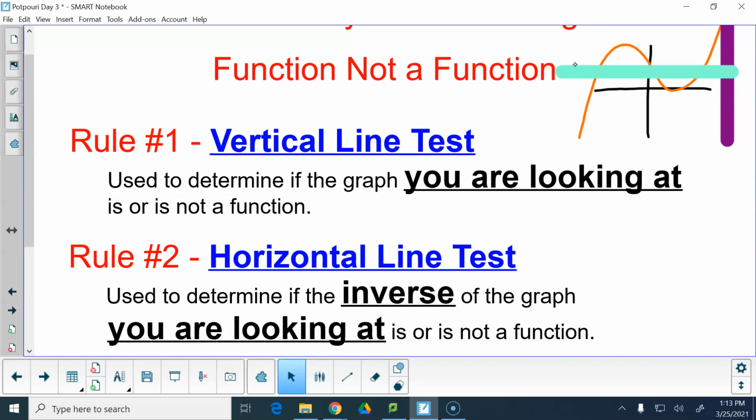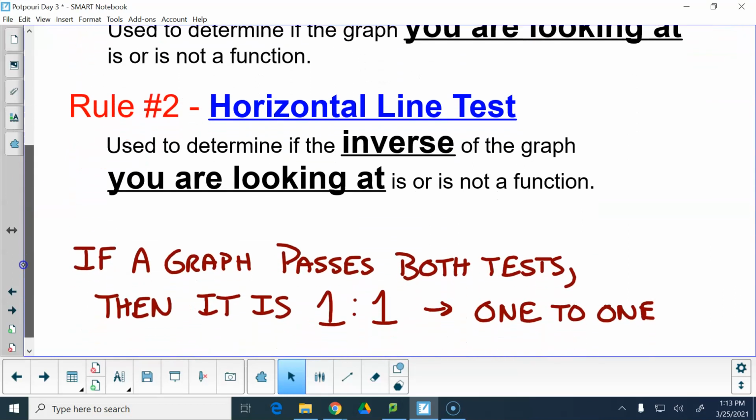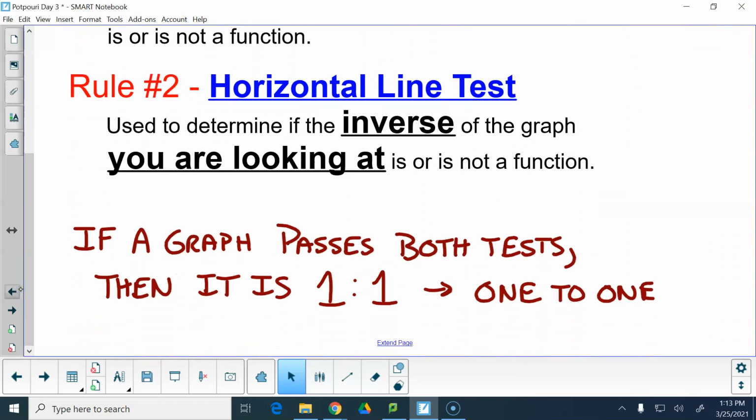Out there in the world, there are these special kind of functions where they are functions and their inverses are functions. Okay? And those special kind of functions are called one-to-one functions.